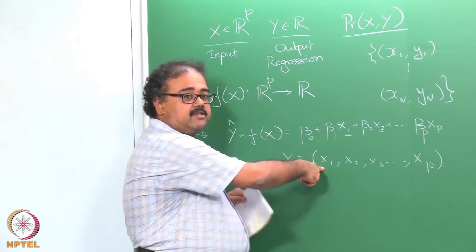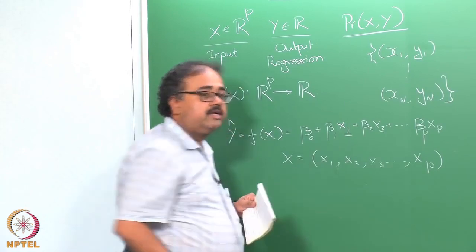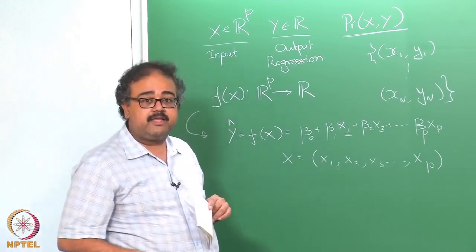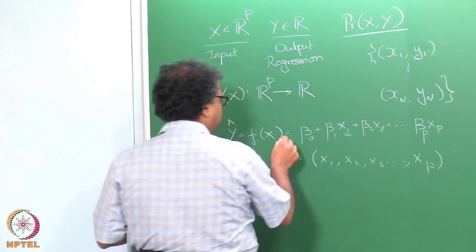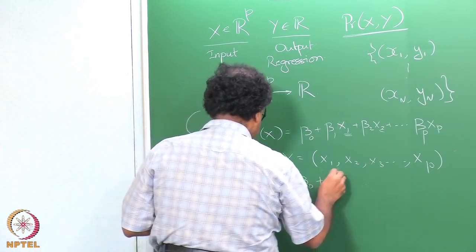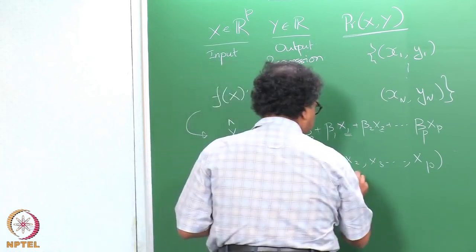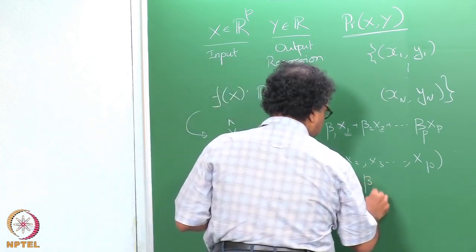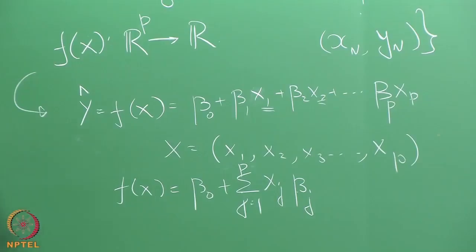This could be age, this could be income, and so on. Each one of these corresponds to a different attribute that describes the data. I can look at this and write f of x compactly.